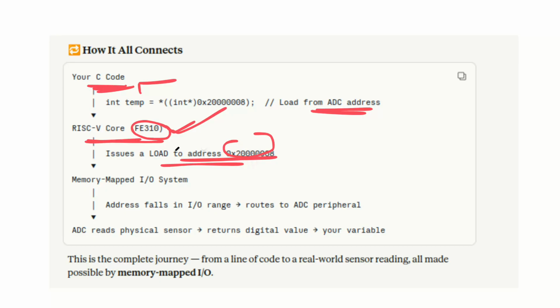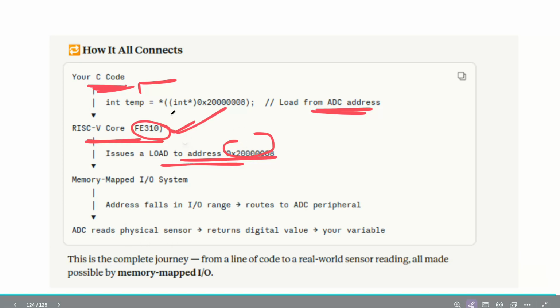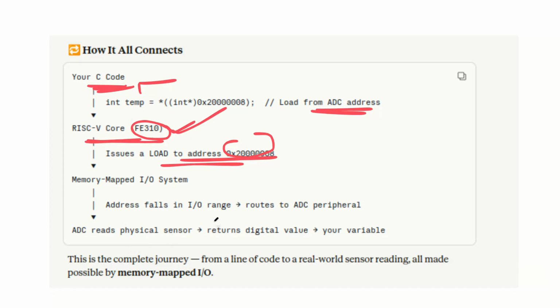Then it goes to the temperature sensor, the physical sensor, and returns the digital value, that is your variable. That is the main thing happening here.